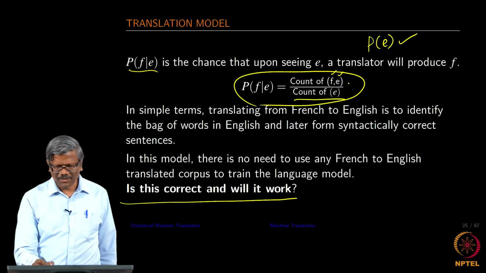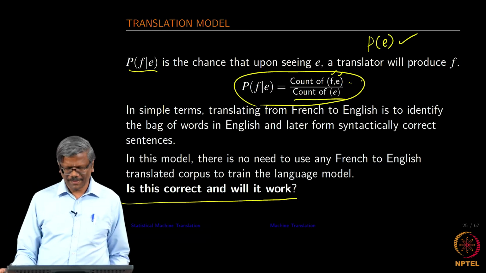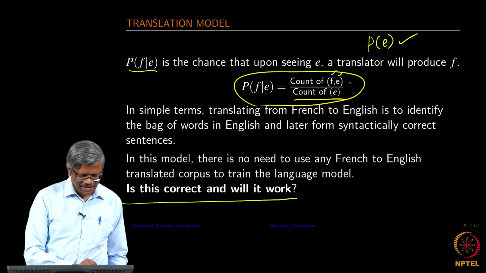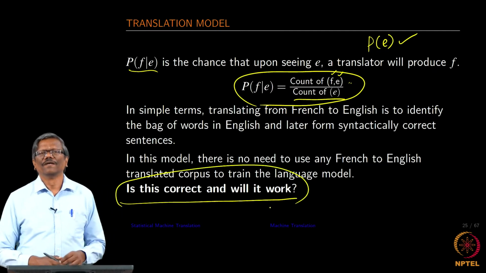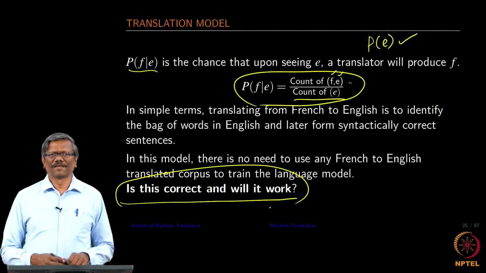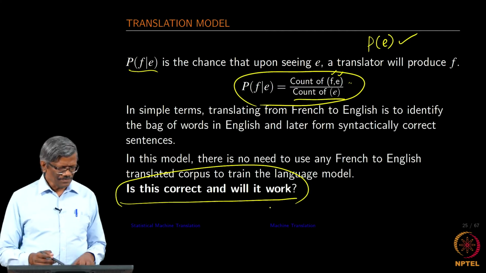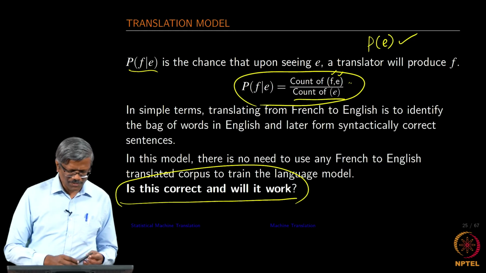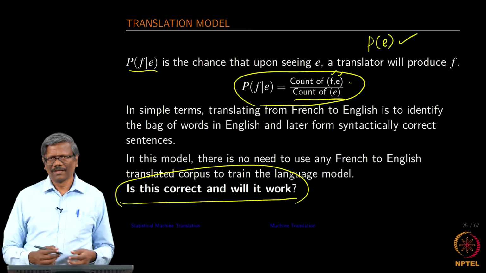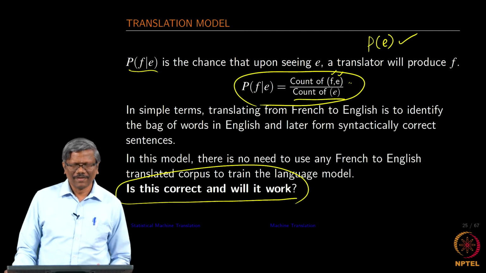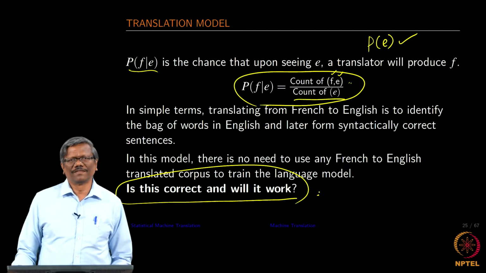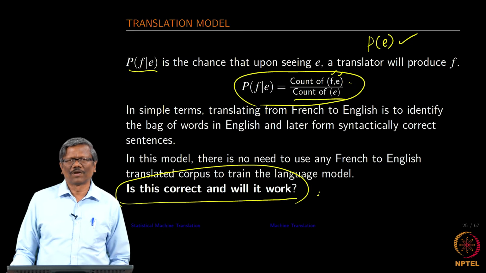This is nothing but your joint probability, you know that. So, will this model work? Is it good enough to find the translation for us? I would like you to go through some material available in the research community and check whether this particular model will work for us.